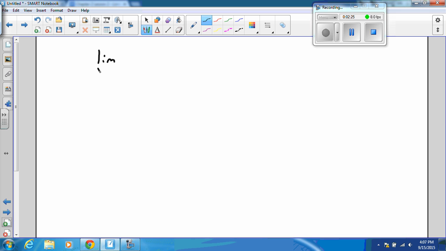The limit as x goes to 1 of the square root of 4 plus 2x squared minus 4x cubed. Here I look at this and I ask myself, well, what function is going on here? I have the square root of a bunch of things.